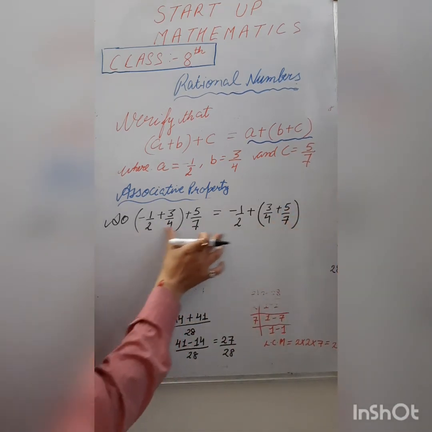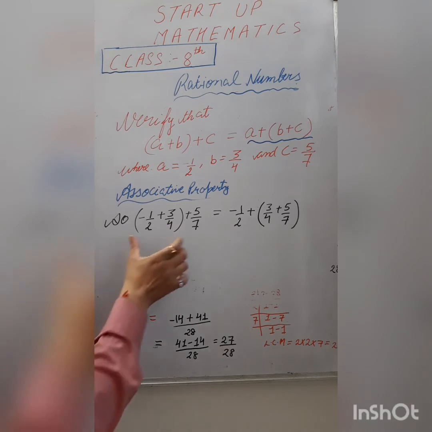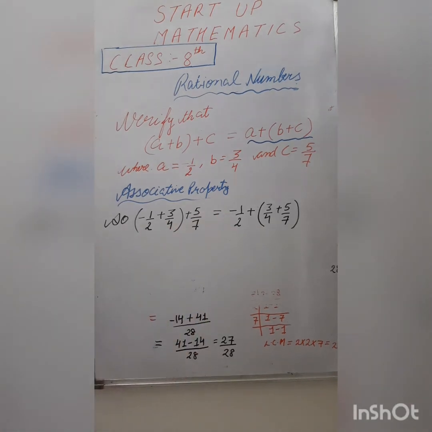Two orders, the sum of the two orders like this or this remains same. So this is the second sum.